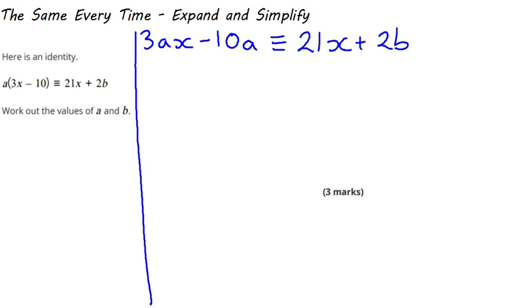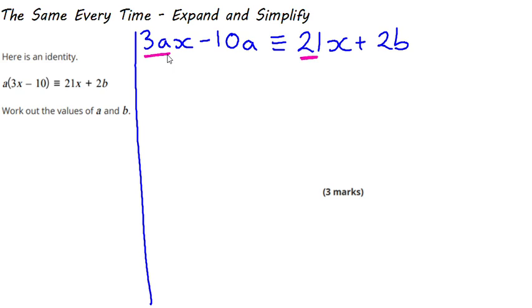So now we can just compare the left-hand side and the right-hand side. On the right-hand side, I've got 21 times x, and that has to be exactly the same as what I have on the left-hand side, which is 3a times x.